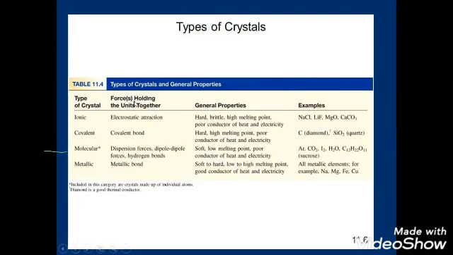Now, in case of solid, the particles are present there, and in between the particles there is some force of attraction, and the force of attraction depends upon the type of particle.